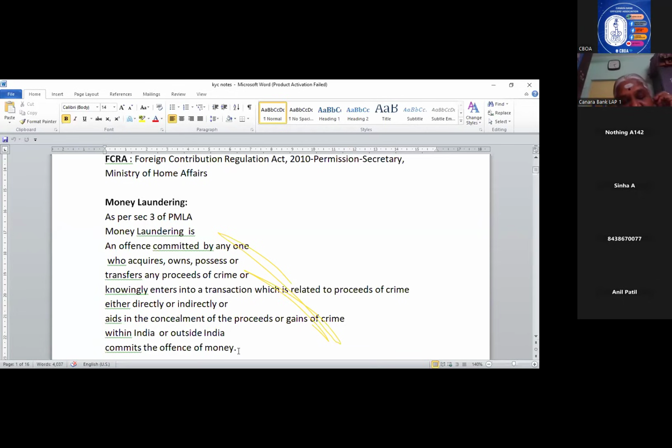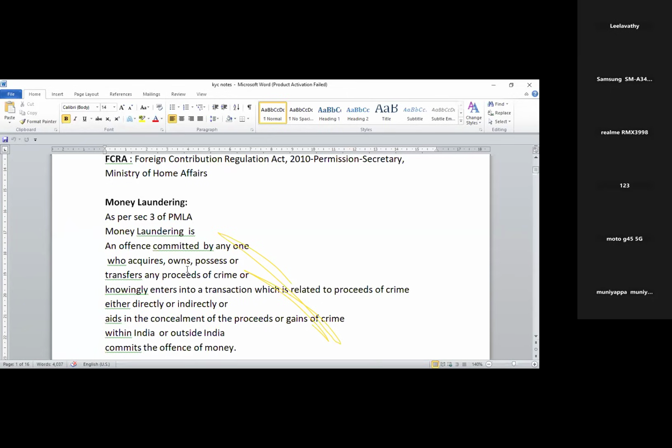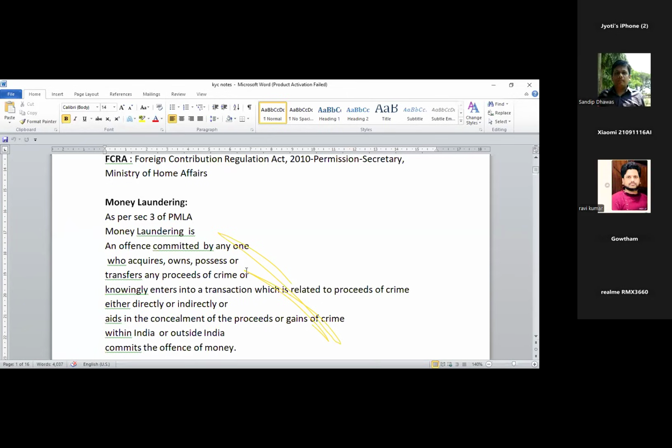That means if somebody is doing a mistake, then we should not, knowingly or unknowingly, get involved in that, and we should not help them. Even if we help them, it is construed as we are also involved in that act. It may be within the country or outside the country, whatever it may be.